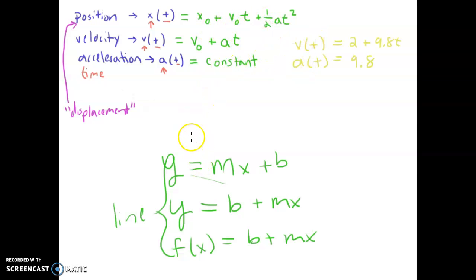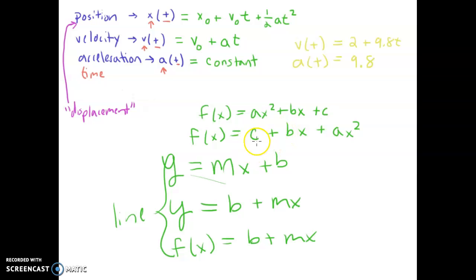If I had written f of x equals c plus bx plus ax squared, in other words, f of x, if we're just rearranging the terms, which we can do because addition is commutative, these two equations are the same thing.